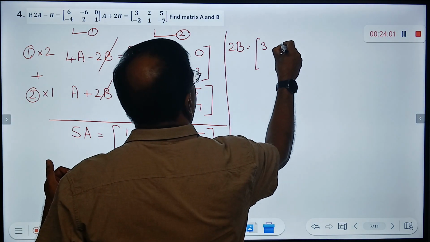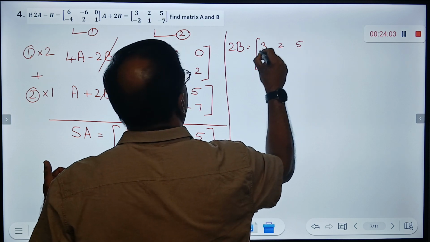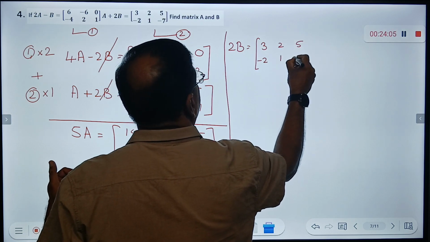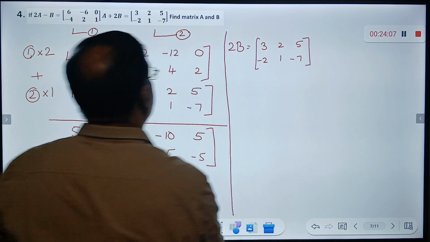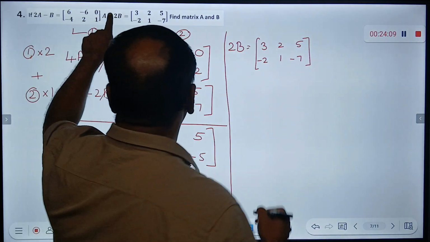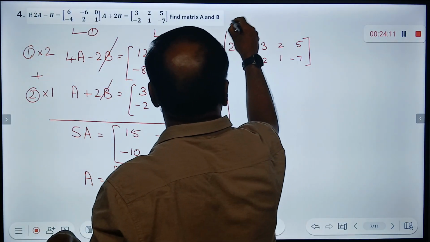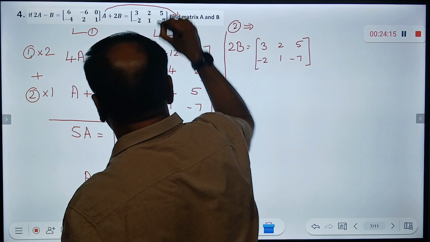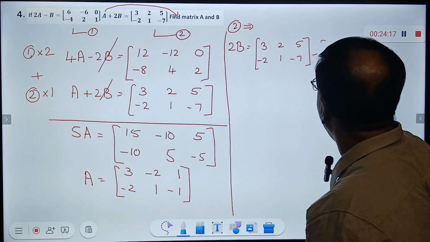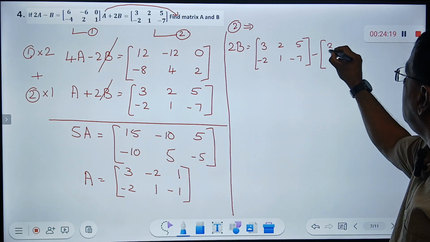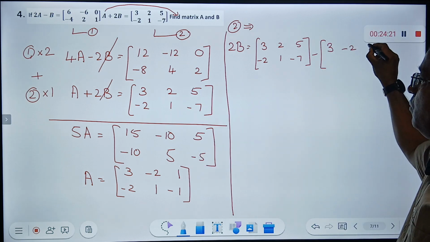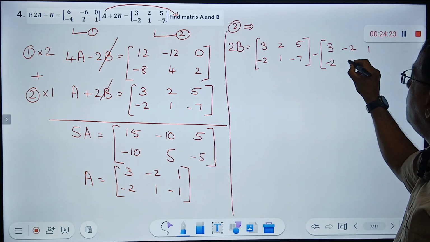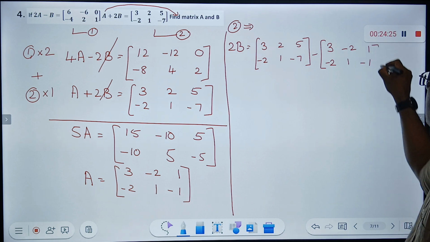So 2b equal to 3, 2, 5, minus 2, 1, minus 7, minus a. I'm taking this a that side. This is equation 2. If I take a that side, minus, what is a? My a is 3, minus 2, 1, minus 2, 1, minus 1.